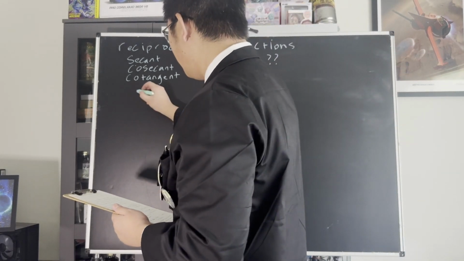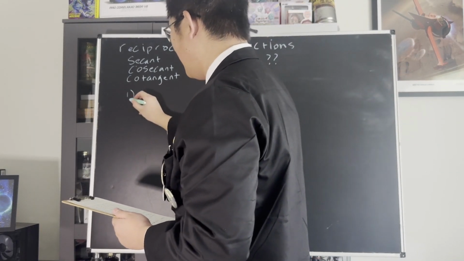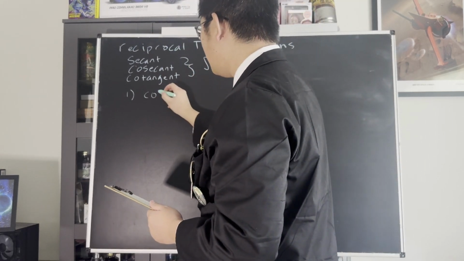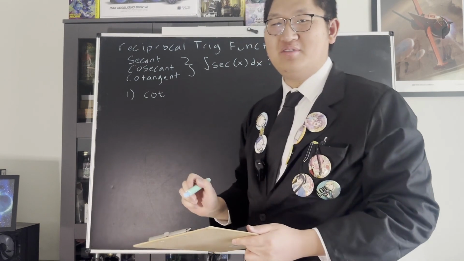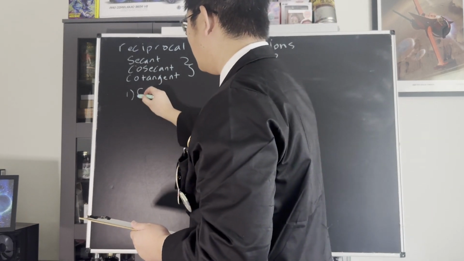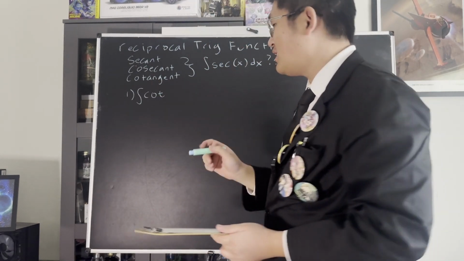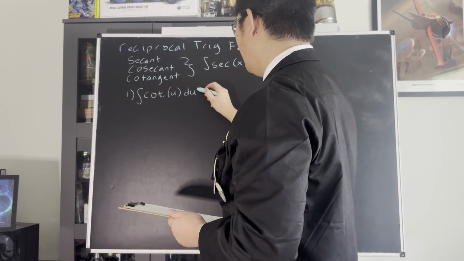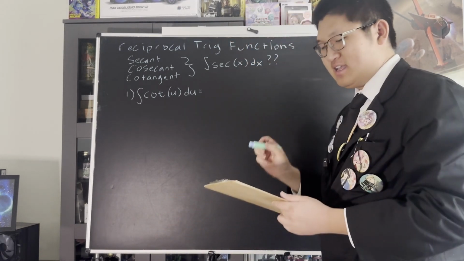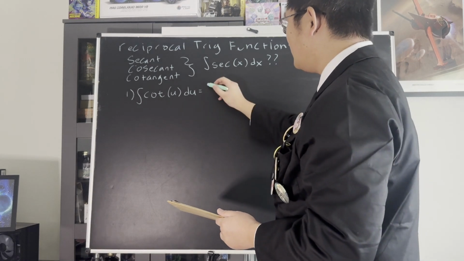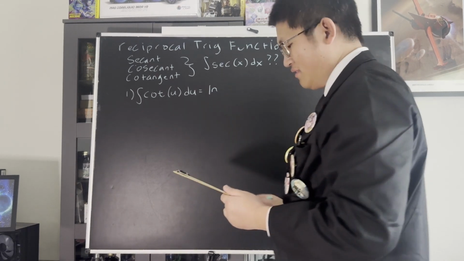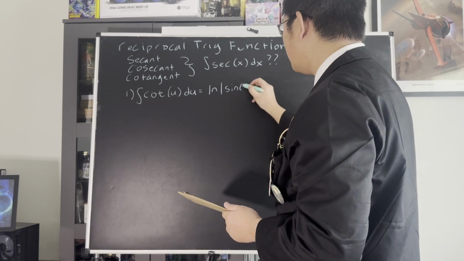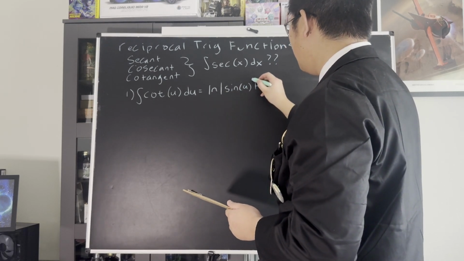So we have our rules here. Let me number them out one at a time. Starting with the first rule, something quite simple and similar to what we've dealt with, the cotangent. The integral of cotangent of u results in, instead of what we did with tangent, simply switching it around. It's the positive natural log of the absolute value of sine of u plus c.